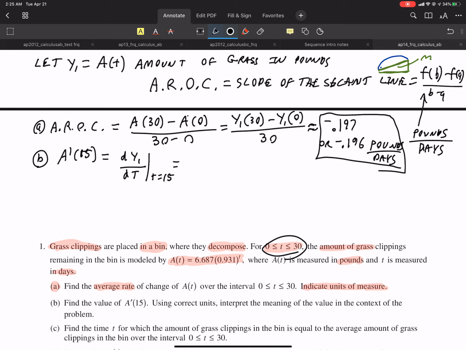So put that in your calculator. And if you do that, you will get approximately negative 0.164, if you round off. Or if you truncate, you'll get negative 0.163. So just put it in your calculator, let your calculator do the work.